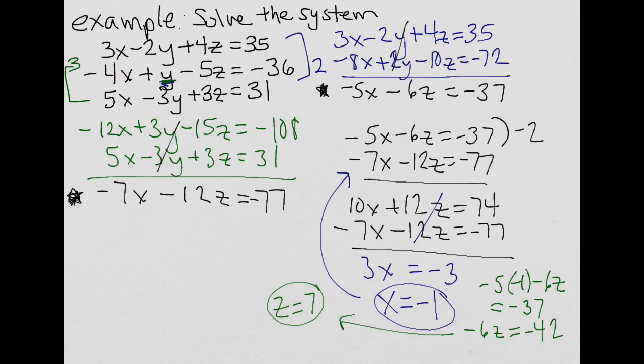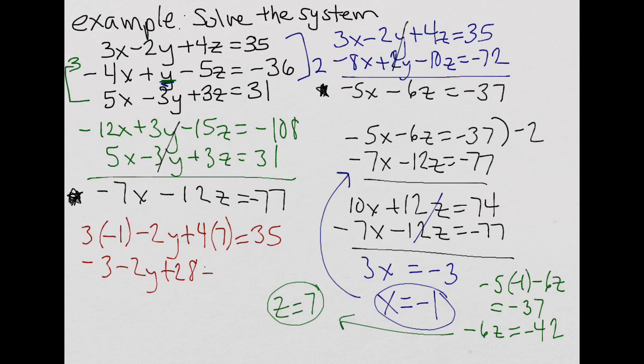And now our last step is to plug that back into one of our original equations to try to figure out what y is. So when we do that, I'm going to choose the top equation. So that's going to be 3 times negative 1 minus 2y plus 4 times 7 equals 35. So that's negative 3 minus 2y plus 28 equals 35.